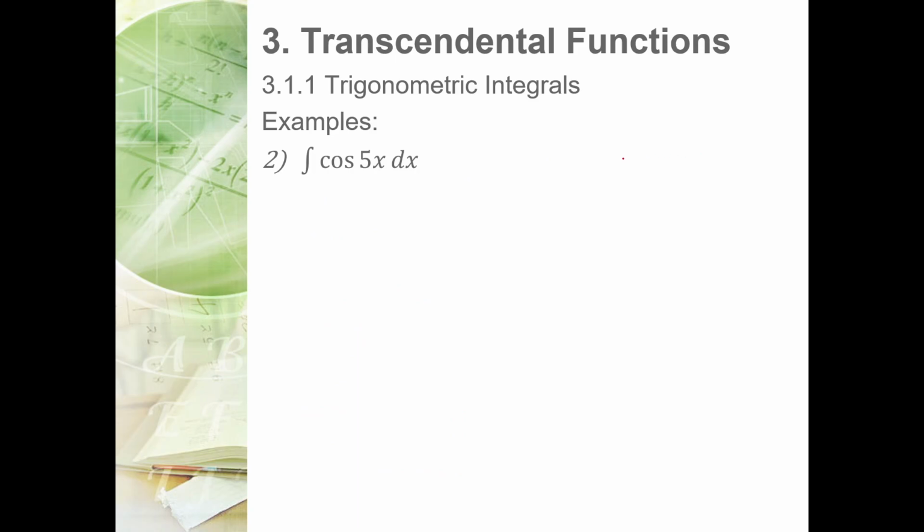So in example number 2, we have cosine 5x. Since we know the formula for cosine, the integral of cosine is just sine. So let's say we can just answer this one immediately: sine 5x plus c. So you might say that this one is the correct answer. But if you try to prove it by deriving the final answer, let's derive sine 5x plus c.